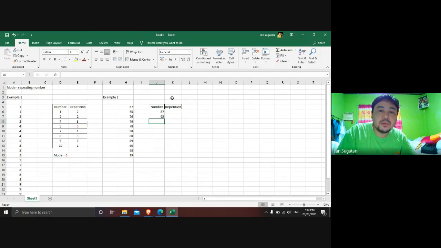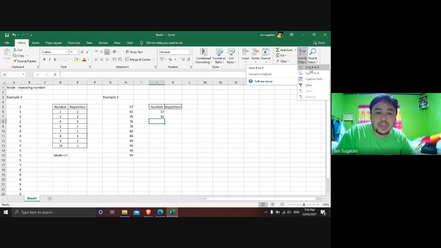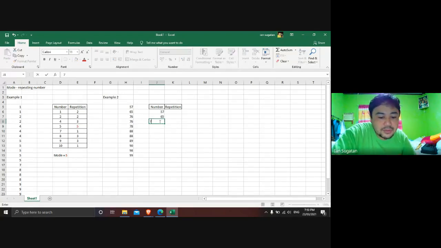You can get the mode easily if you use the sort filter here at the right, and then sort from A to Z or from smallest to highest. It's easy to find out what the mode is. So if you have a value of 76, then 88, 89, then 90, then 98, and 99.